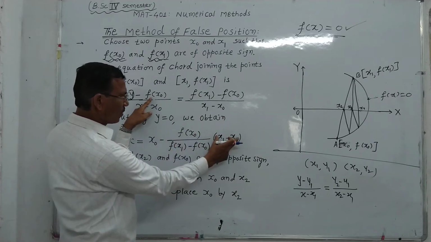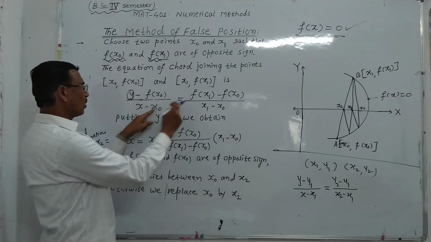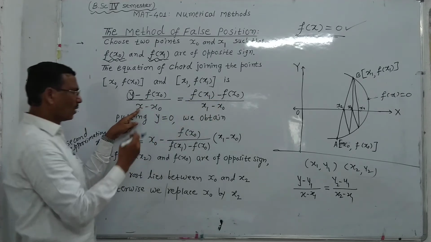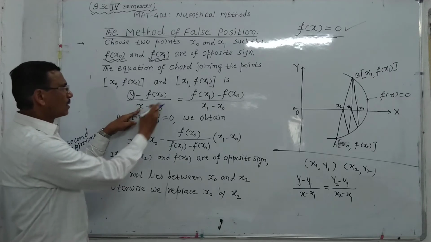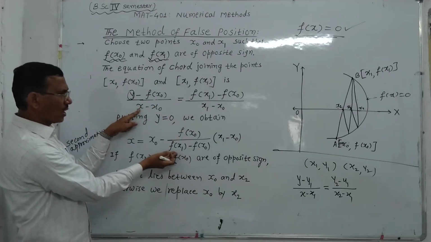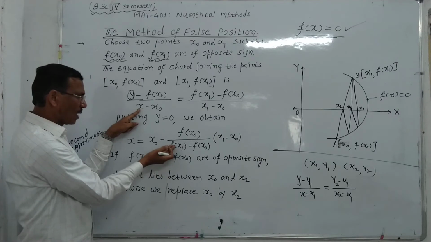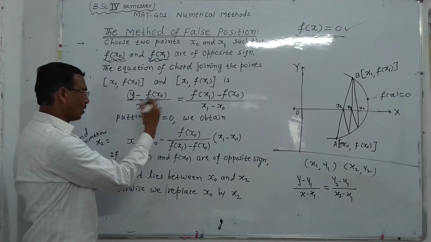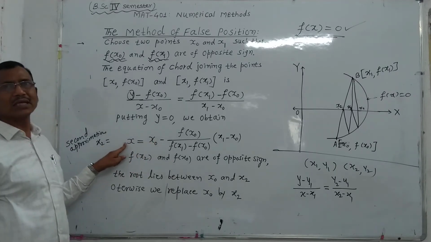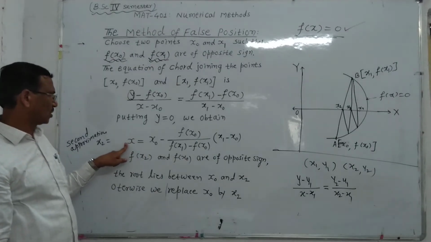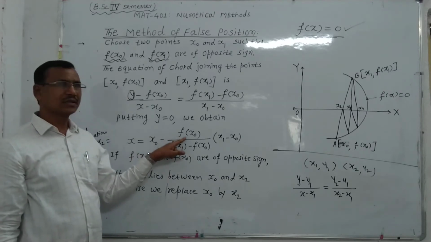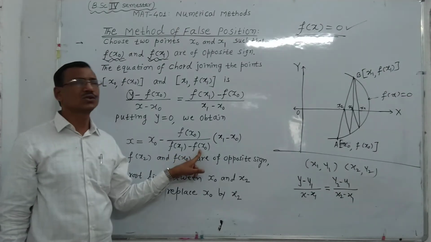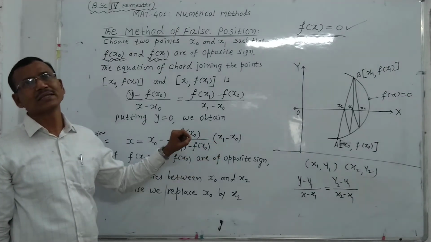We get f(x0) into (x1 - x0) equals (x - x0) into (f(x1) - f(x0)). Then transfer this to the other side, it goes to the denominator as f(x1) - f(x0), and taking this minus x0 to the right side, we get x = x0 - f(x0)/(f(x1) - f(x0)) into (x1 - x0).